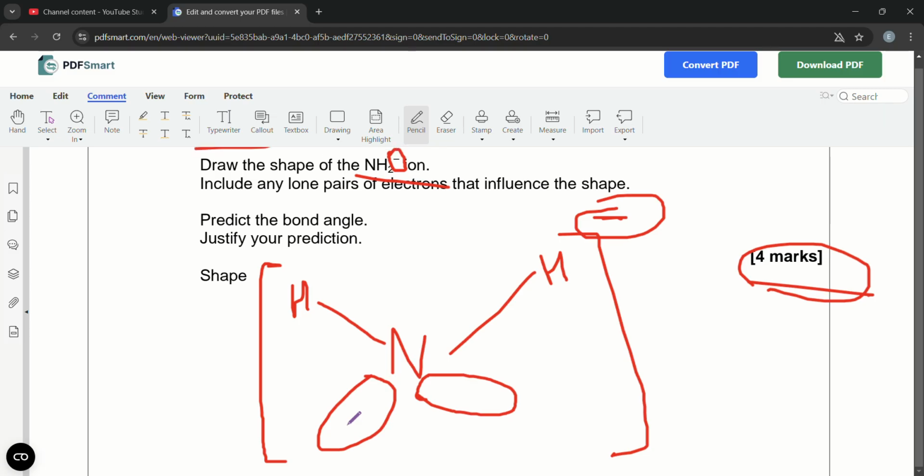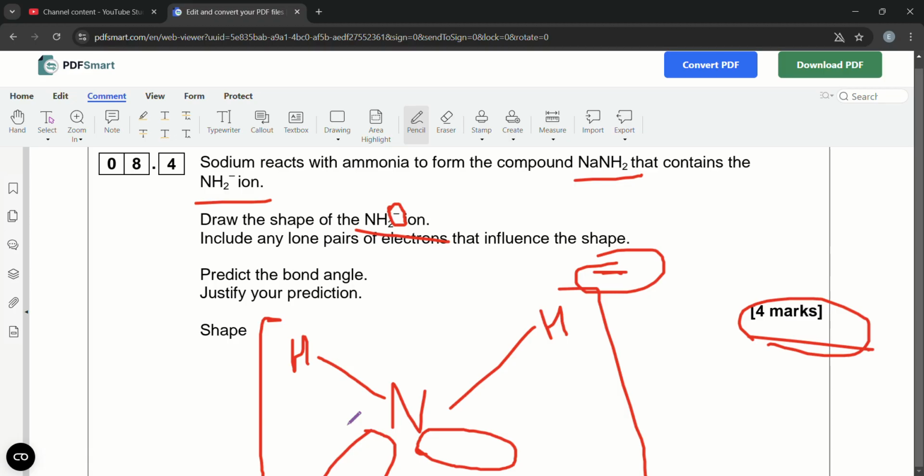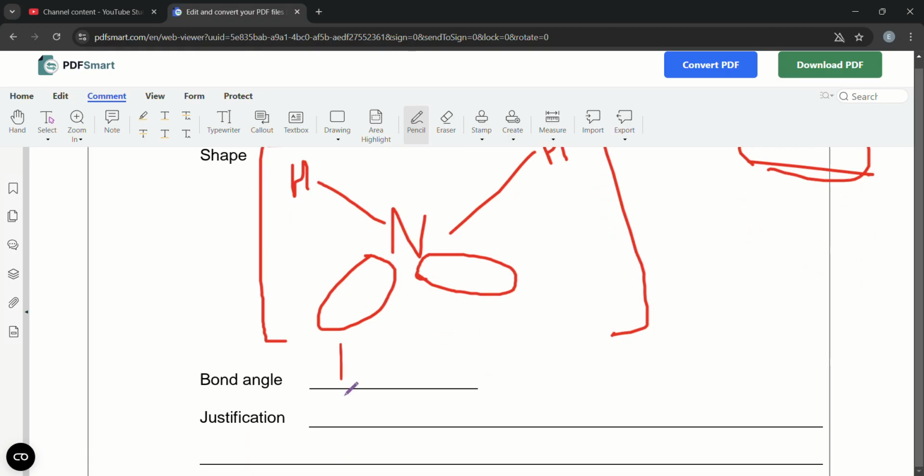The bond angle, well, it's got 2 lone pairs of electrons, NH2, so it's going to be 104.5 degrees.